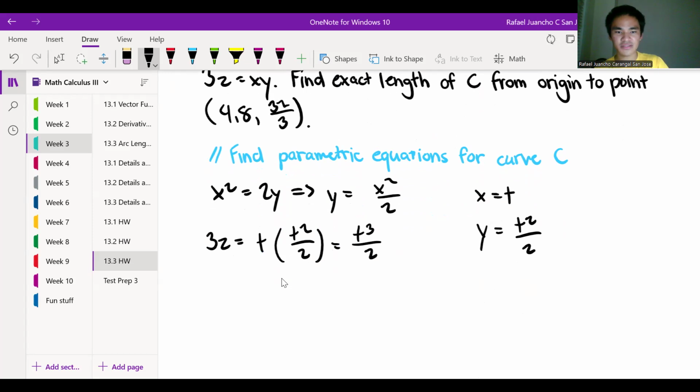Then our z is just t cubed over 6. So those are our parametric equations for that curve C.